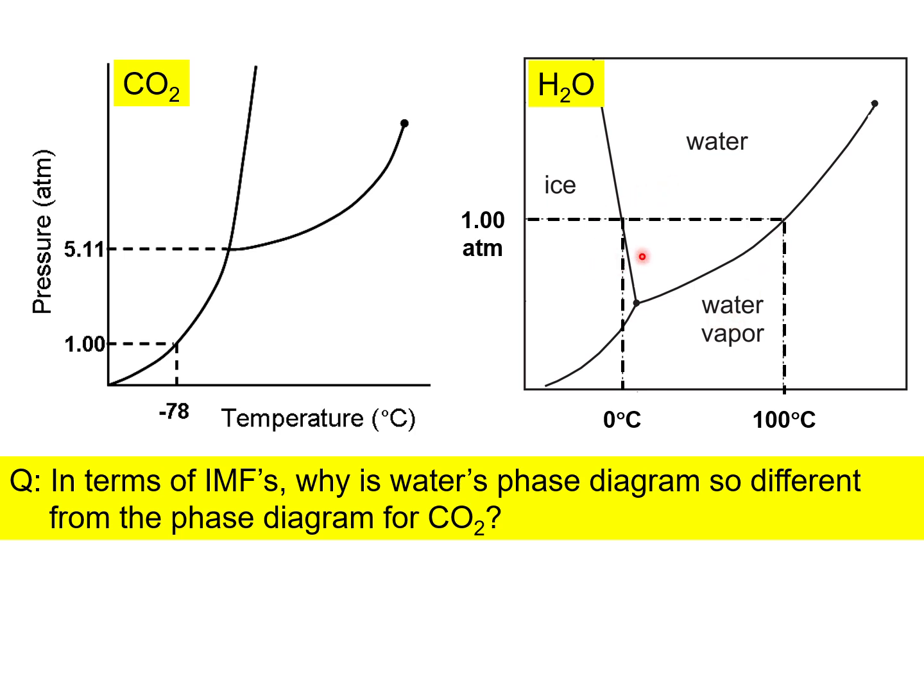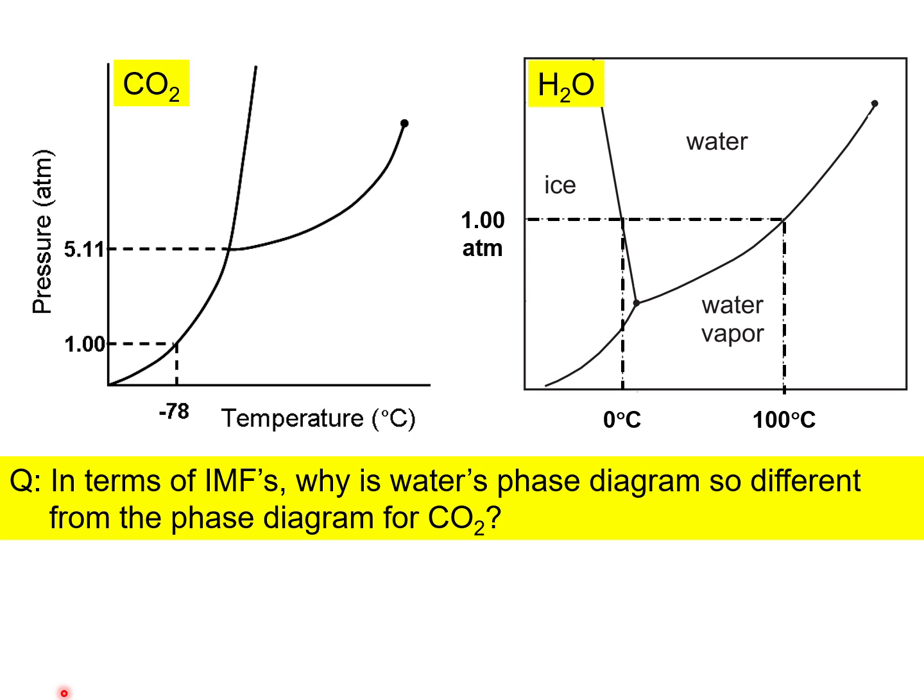The only thing that's really different as far as general shape goes is that water has this weird backward slant to it, which means that it melts when you apply pressure to it. But what it is talking about is the behavior at 1 atmosphere pressure. So here we have, for carbon dioxide, it sublimes under 1 atmosphere pressure, and it's at a temperature of -78. And then for water, the temperatures are much higher for the phase changes under 1 atmosphere of pressure.